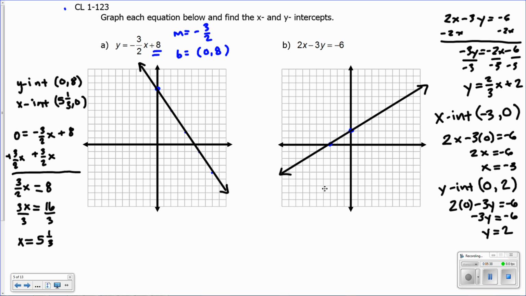Put our arrows on the end there. And remember, our x and y-intercepts, that was this here. We're looking for this here, right here, and right there.